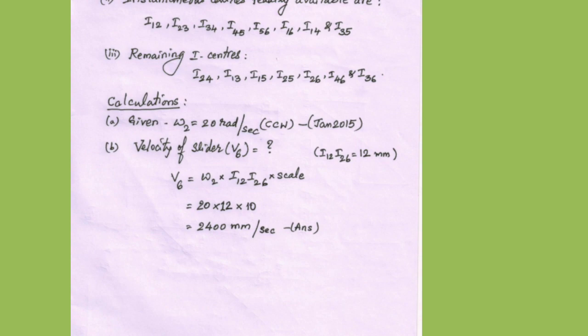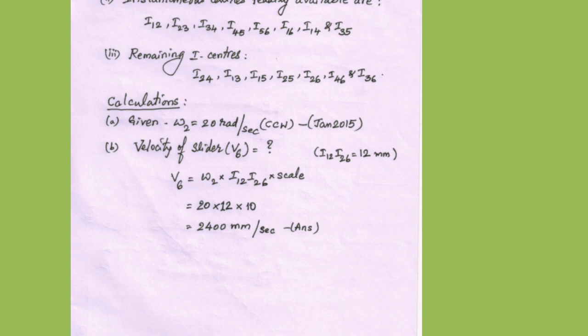So omega is given, and after that I have written the formula for V6. Can you see the formula directly written? V6 is equal to omega 2 into I12 I26 into scale, because we have drawn the space diagram to scale 1:10, so the scale 10 should also be taken. See how to write this formula?